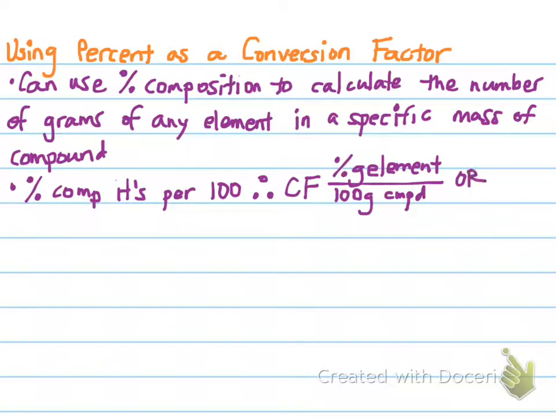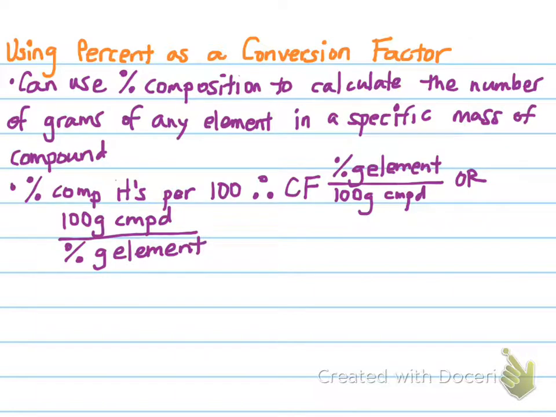Or, and again, remember the power of these conversion factors is that I can flip them depending upon where I need my units to be. So if I need my grams of compound to be on the top and my grams of my element to be on the bottom, I can do that. But basically, by saying that you have 100 grams of your compound, then your percentage becomes a mass.